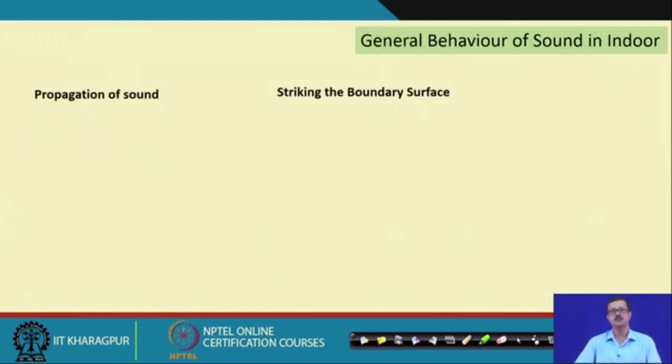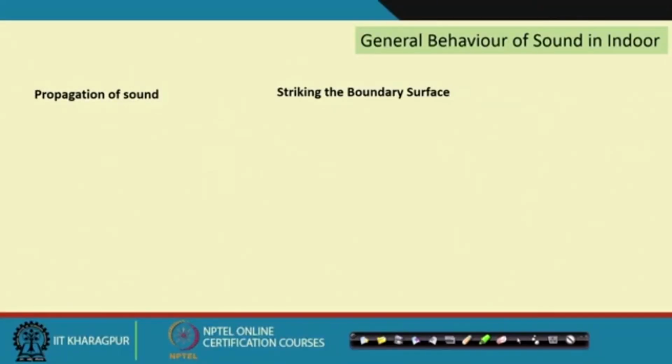If you see the general behavior of sound in the interior, when the propagation of sound strikes a boundary element or boundary surface, because indoors is actually closed by 6 surfaces, there are typical phenomena that occur.